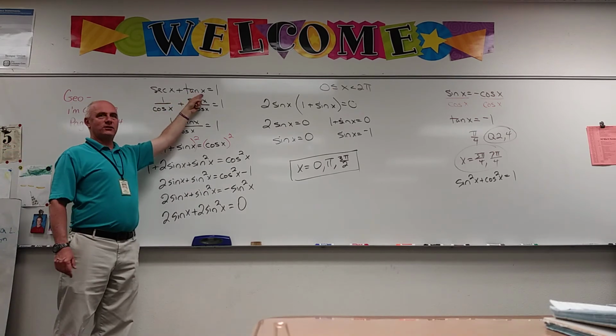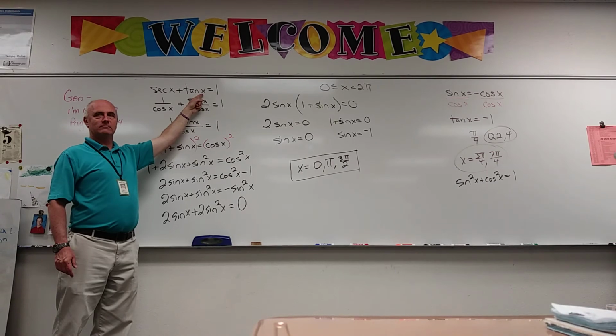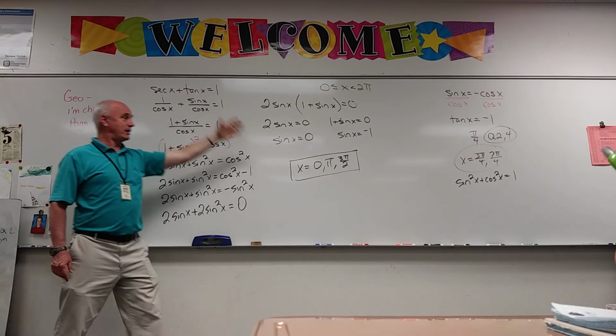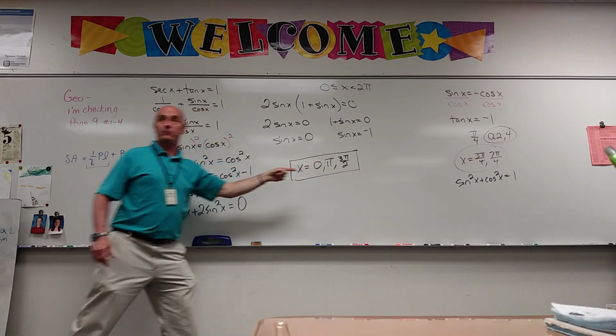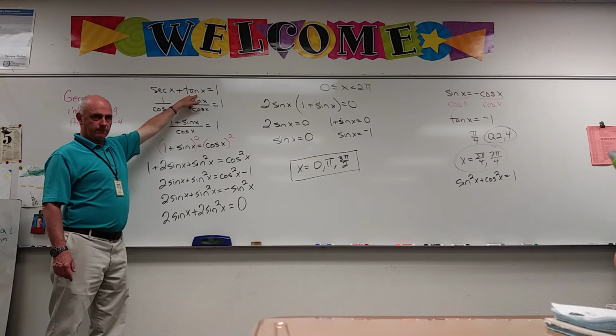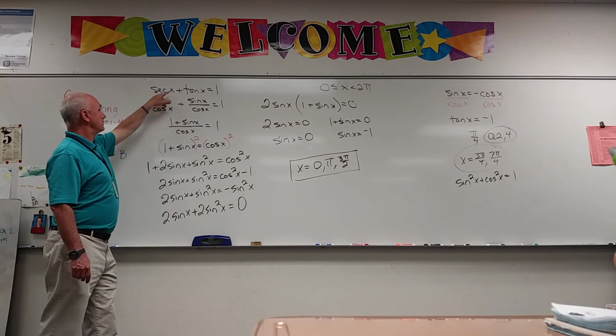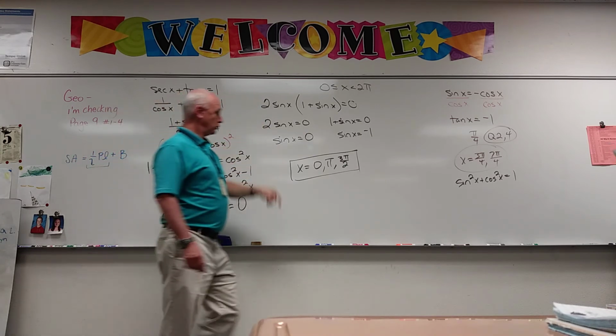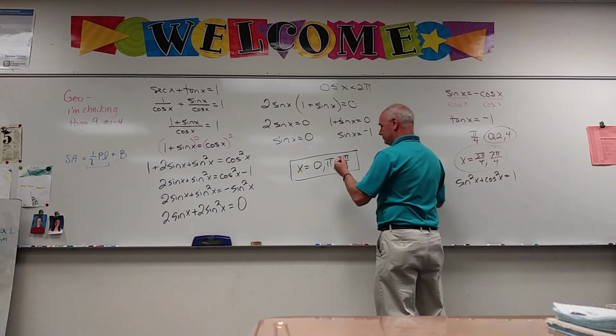Plus, what's the tangent of pi? Well, remember, it's the same reference angle. 0 and pi are the same reference angle, so the tangent of pi is 0. So we have -1 plus 0, which equals -1, not 1. It doesn't work. Pi doesn't work. Oh no. Bye, guys.